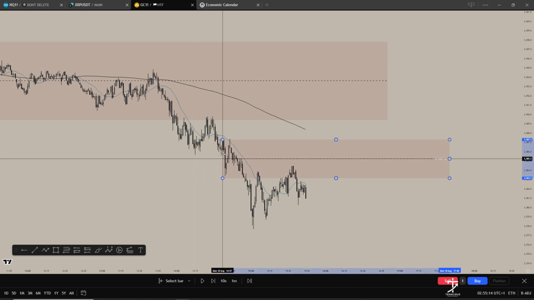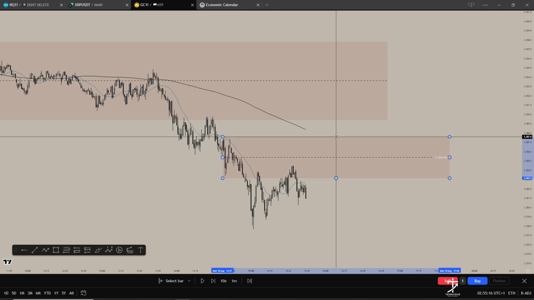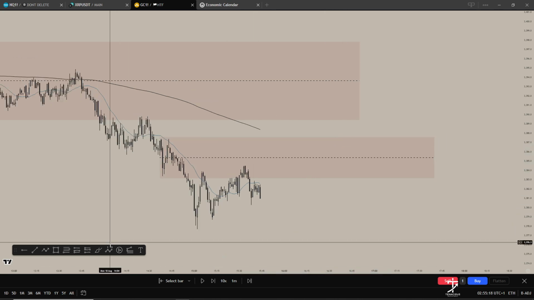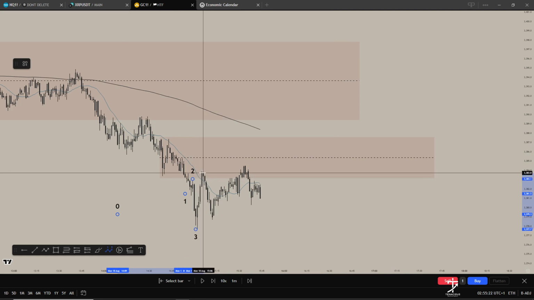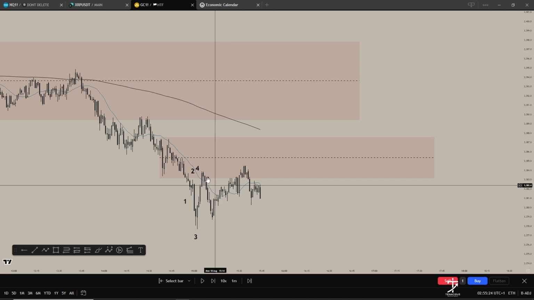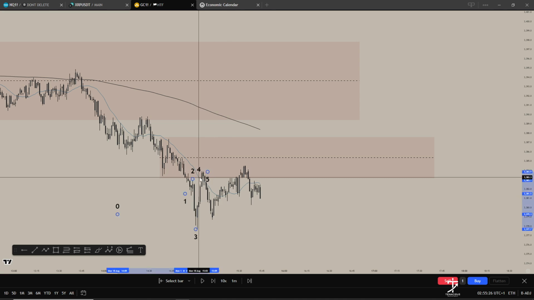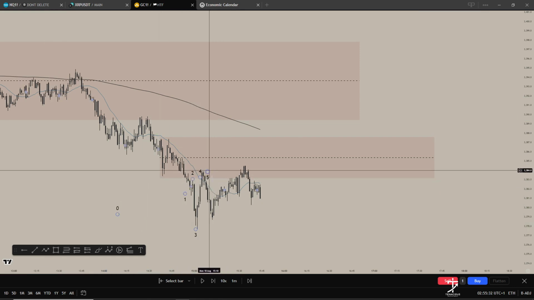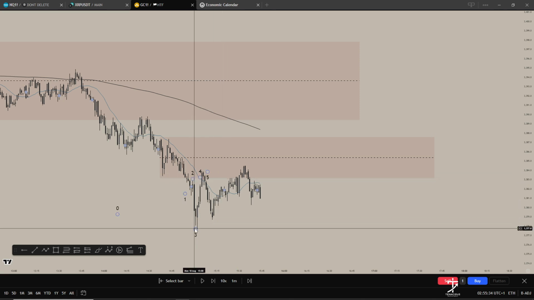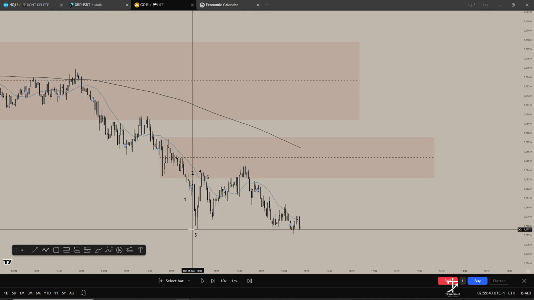we have the zone here, and within this zone we have our 1, 2, 3, 4, 5, and what's it called? Yes, price gave you a nice reaction down. However, it wasn't enough to take out this low, and then when you let price play out, we now take out this previous low.